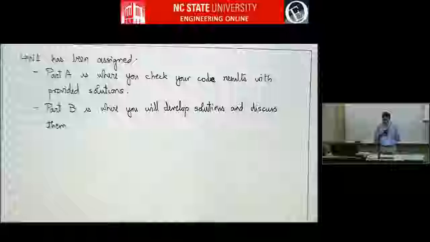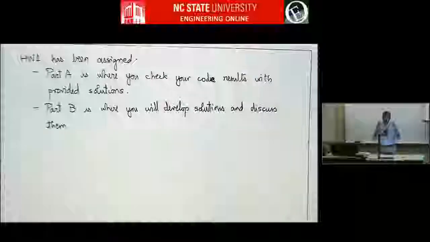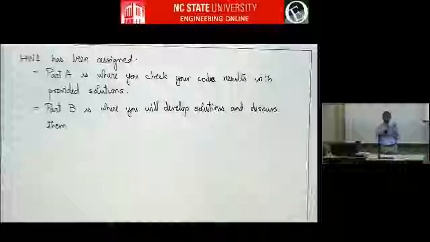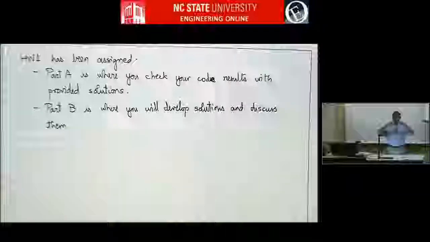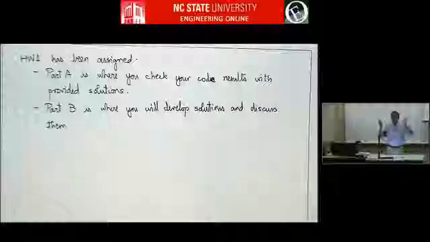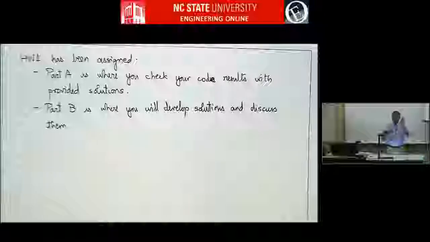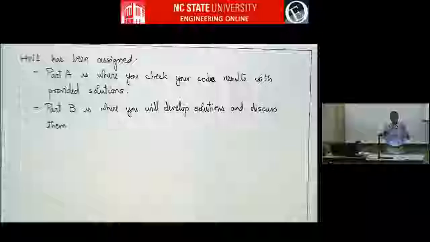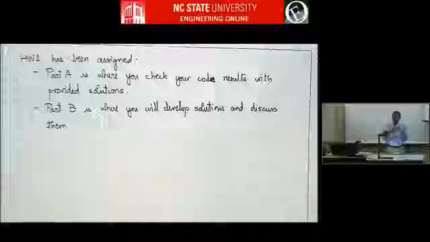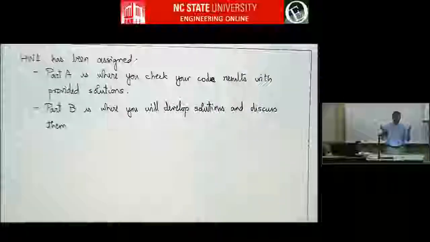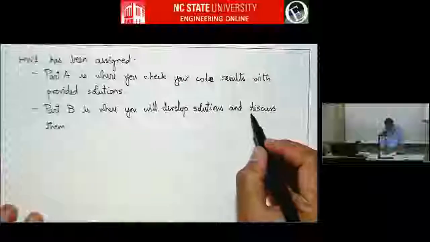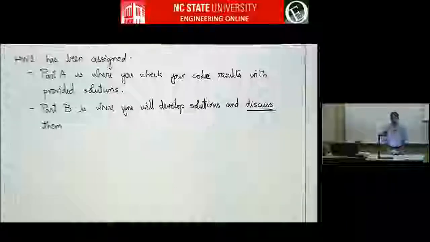For example, one problem will be we take a given airfoil at a given Reynolds number, and I've given you files for pressure distribution for angle of attack. I don't know the exact angles of attack, but let's say it will be angle of attack 0, 2, 4, 6, 8, 10. So for each one, you run it through your code and you'll get lift coefficient, drag coefficient, moment coefficient. You make plots and you discuss what those plots mean. So discussion is an important part of homework part B.